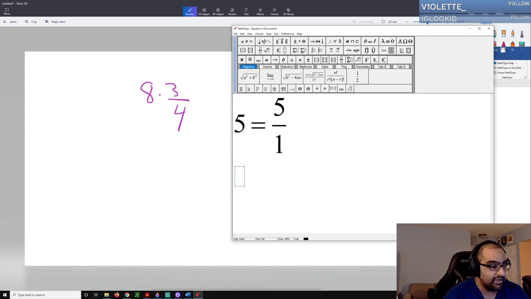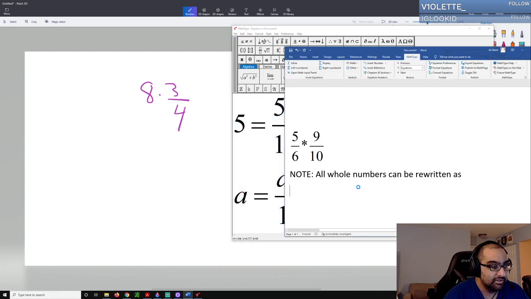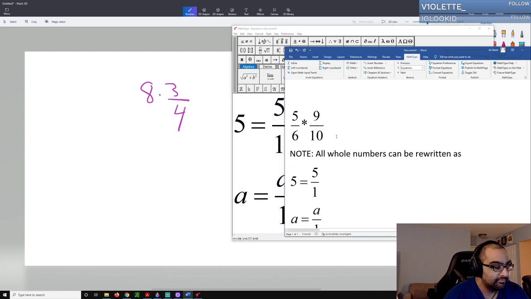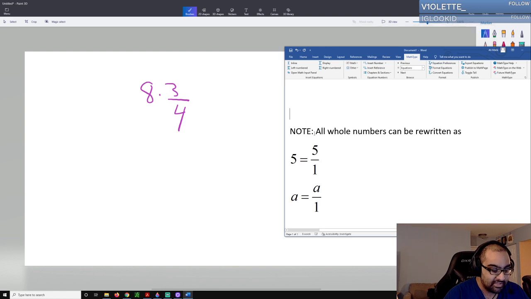Any whole number a can be rewritten as a over 1. All right, so that's pretty much how that's going to go in this circumstance.